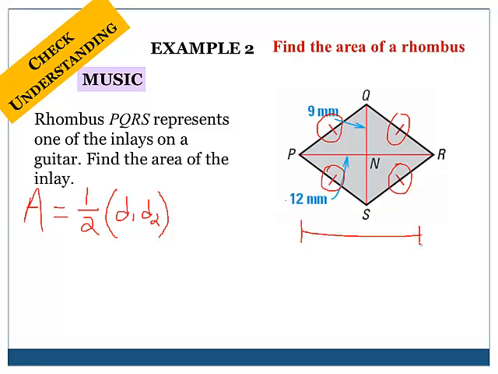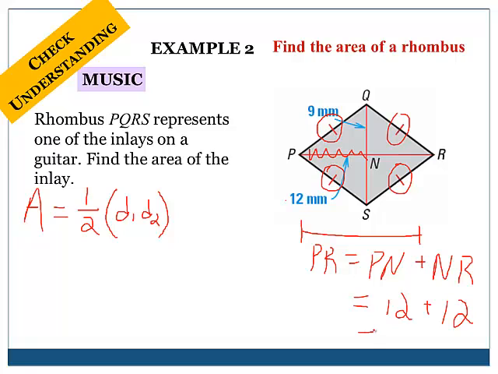We're only given PN. In order to find our entire length, we need to do PR. PR is equal to PN plus NR, which will be 12 plus 12, which is equal to 24.